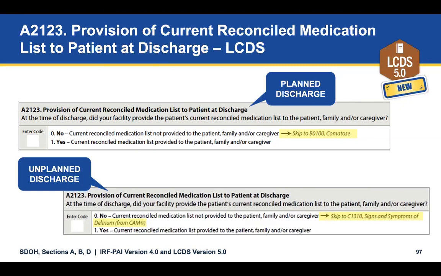On the unplanned discharge assessment, if the response to A2123 is no, the assessor should move on to complete C1310, signs and symptoms of delirium. For both the planned and unplanned discharge, A2123 is to be completed as close to the time of discharge as possible.